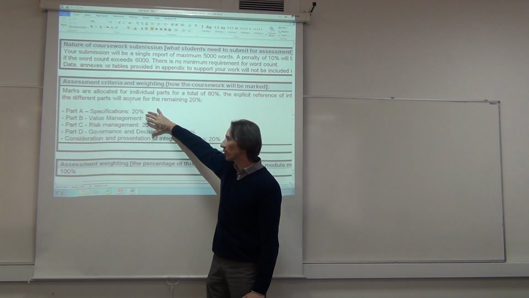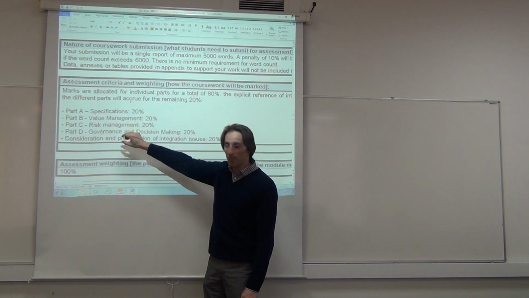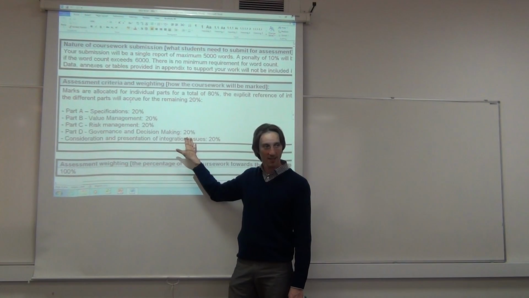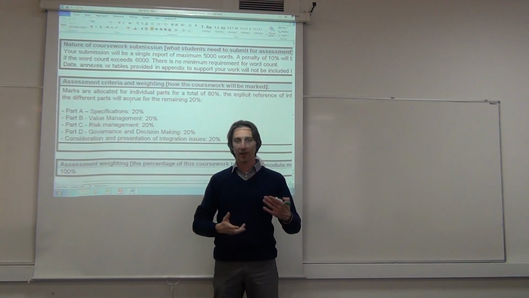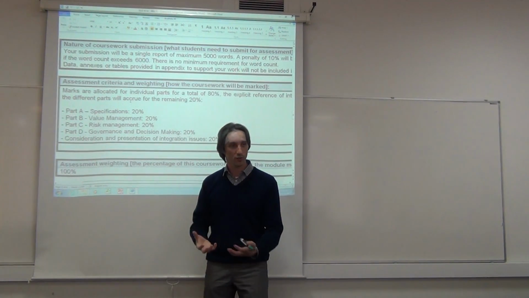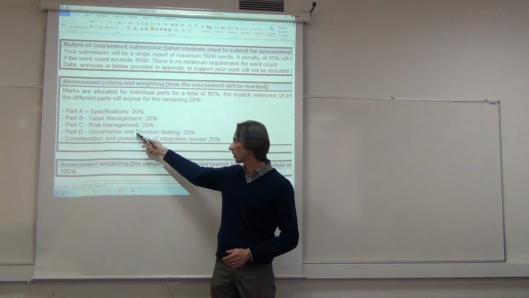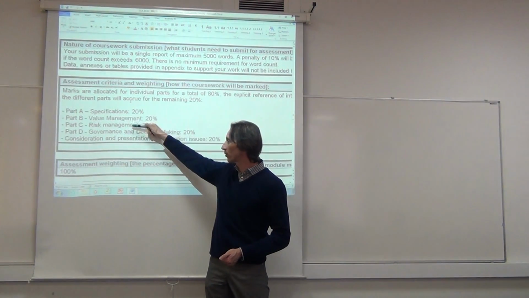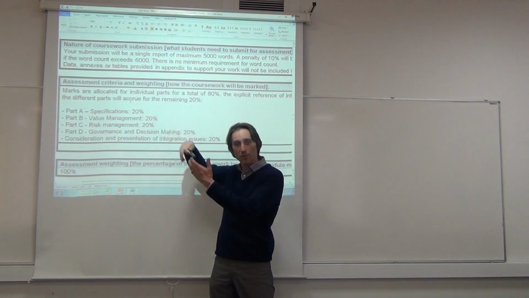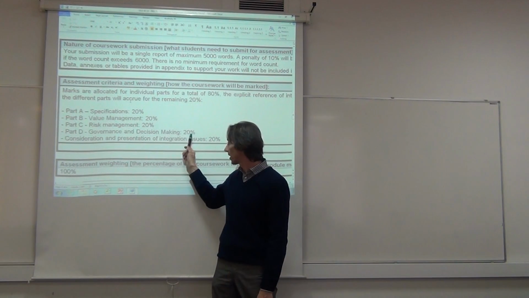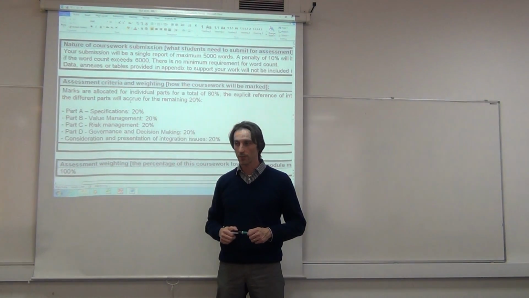And that's where your word count ends, okay? But then you have another 20% that is attributed to how well you justified your decisions with portions from other areas. So how much you took into consideration risk when you were looking at the governance, how much you were looking into value when you were looking at risk, and all of these integration aspects carry 20% of the worth of this assignment.